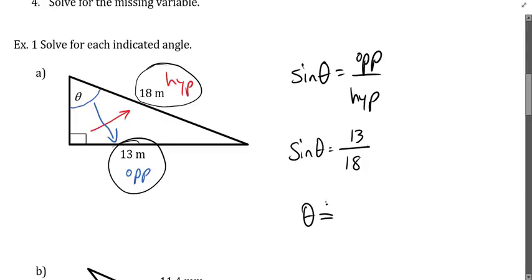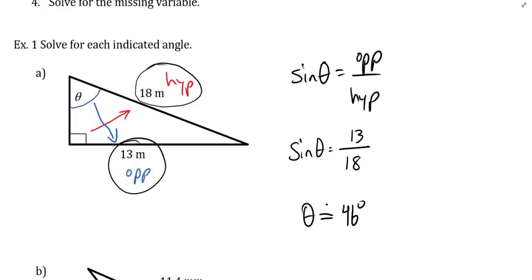We round angles typically to the nearest degree, and this rounds to 46 degrees for me. On your calculator, do shift sine bracket 18 divided by 13. Try that. So on a one-line calculator, you do 13 divided by 18, equals, shift sine. Got it.